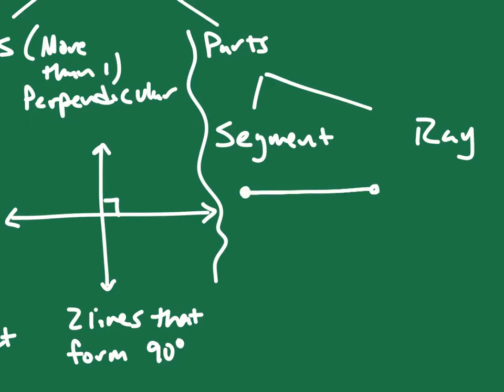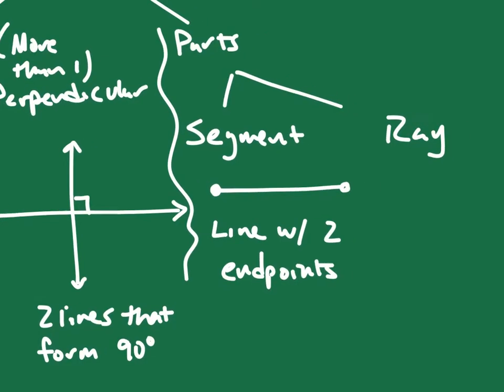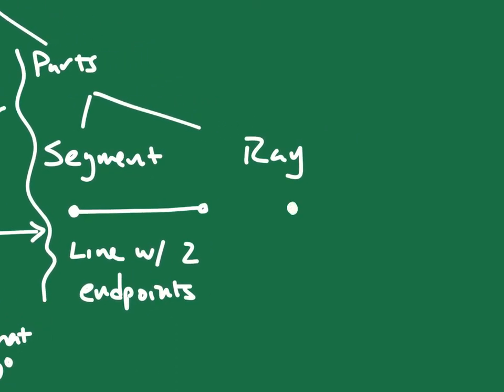Here's a segment, a line with two endpoints. And a ray is a line with one endpoint. So this is a line with one endpoint.